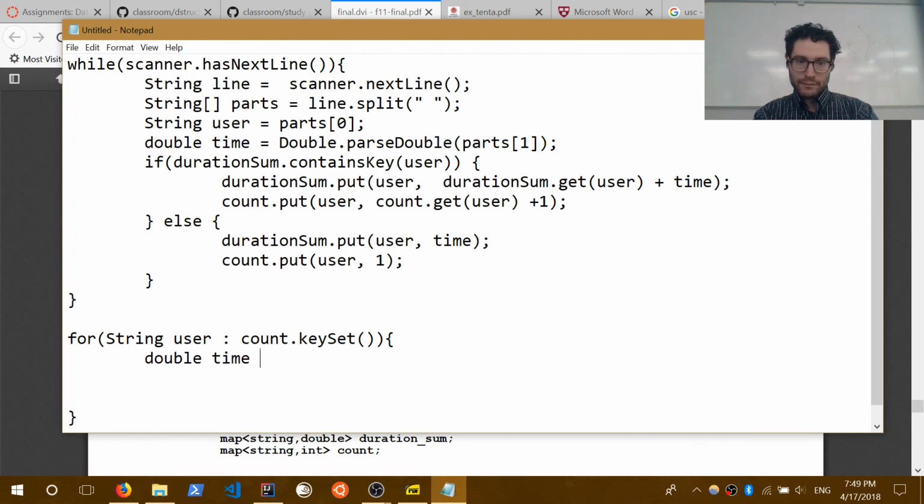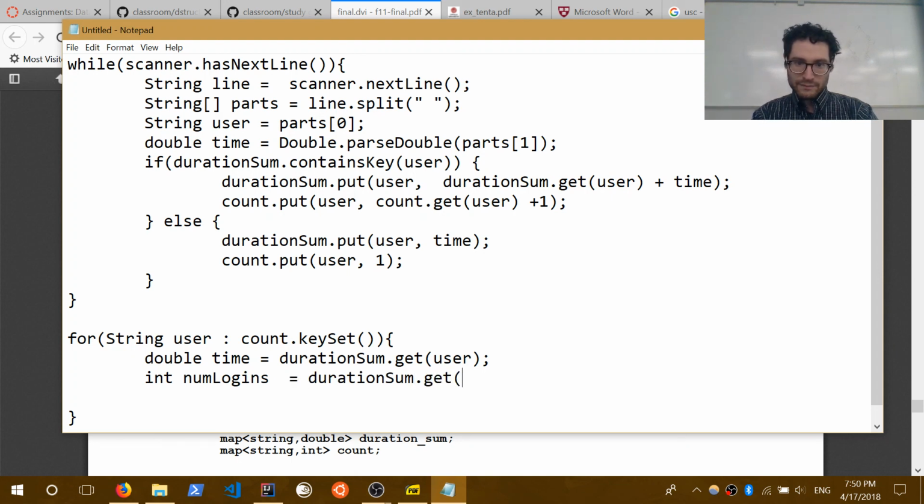So double time is equal to durationSum.get(user), and then int numLogins is equal to count.get(user). So we've got the number of times they logged in, we've got the user.